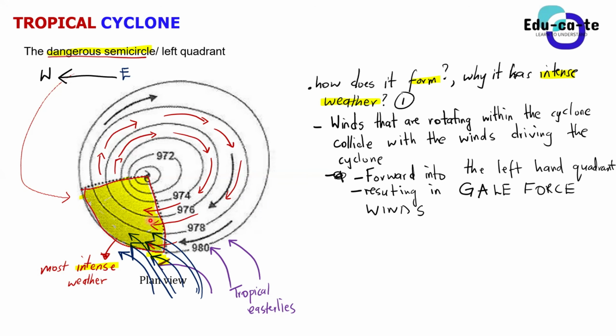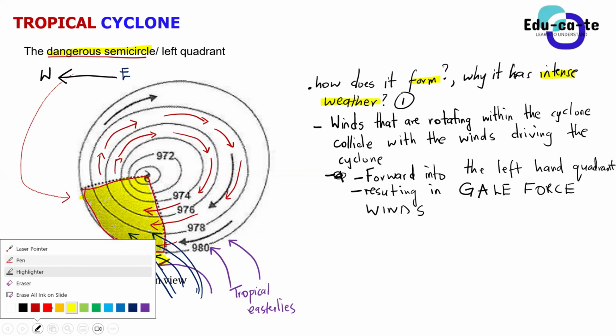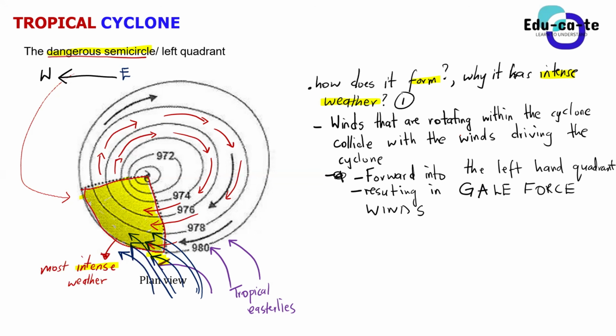This actually causes the winds to be even stronger because we are combining two winds here, the tropical easterlies and the winds that are rotating inside the cyclone. Do you guys kind of get why the left hand quadrant is dangerous? Why does it have strong winds? Do you get it, guys?